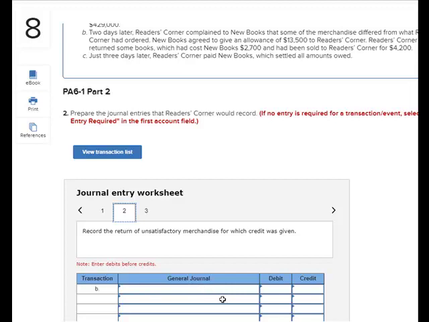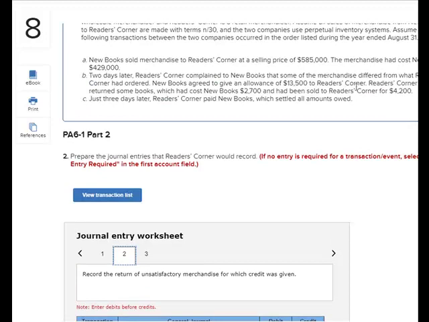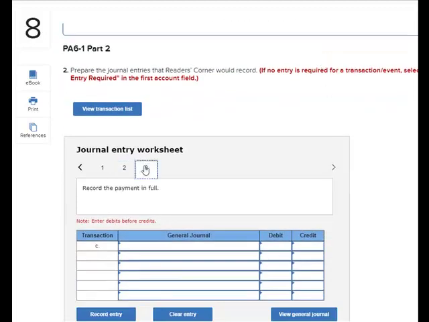So remember, we decreased accounts payable by the total of these two figures. So we're going to subtract that from the $585,000, and that will be the amount that we pay in cash in journal entry 3. Plus, of course, we would have our debit to accounts payable.